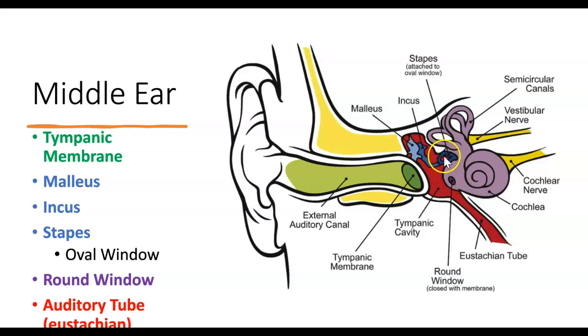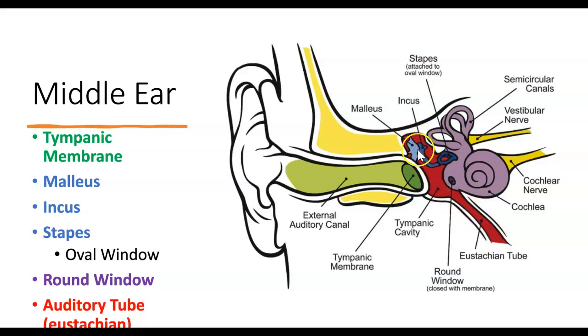The stapes is going to be connected to a structure called the cochlea, and there's a part of the cochlea called the round window, whose job is to connect the middle ear to the inner ear. Inside here is your auditory tube, or eustachian tube, which is also considered the middle ear.